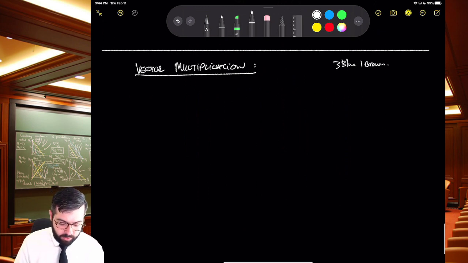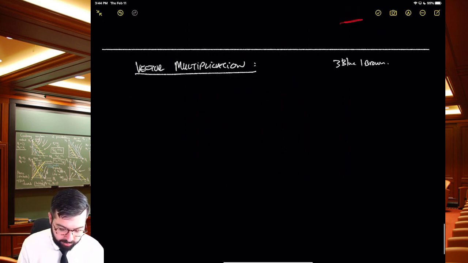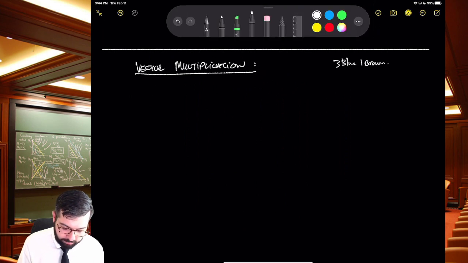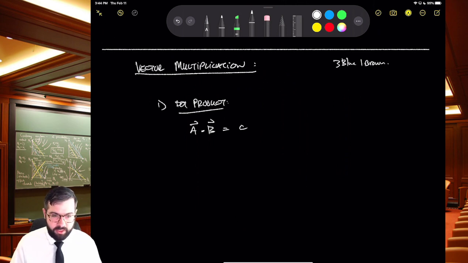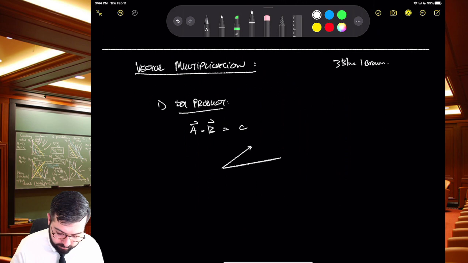But for vector multiplication, I wanted to kind of break down what we've been working on. The one was the dot product. A dot with B, and it ends in some scalar C. And it's really a measure of how much are they pointing in the same direction.